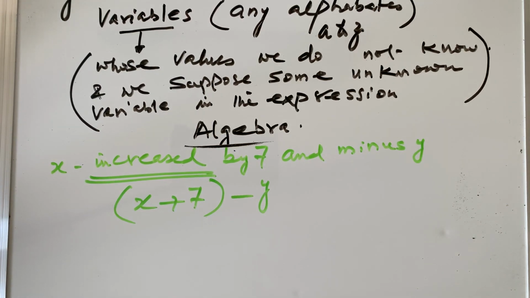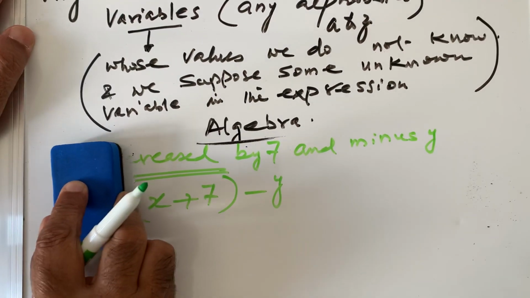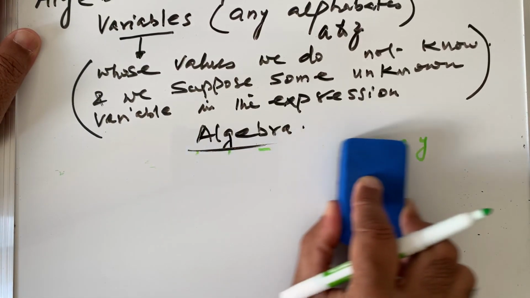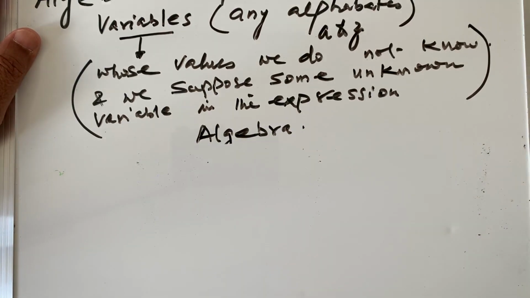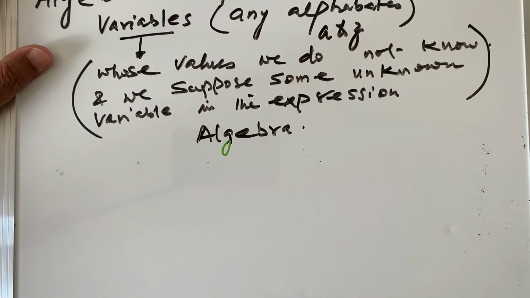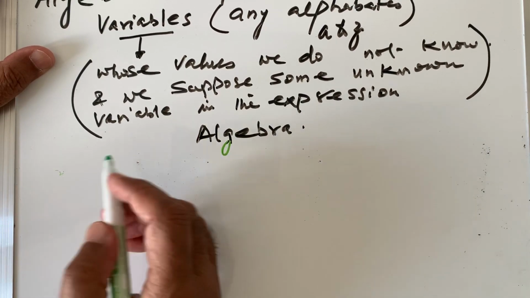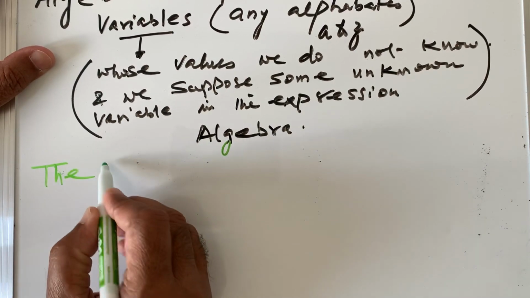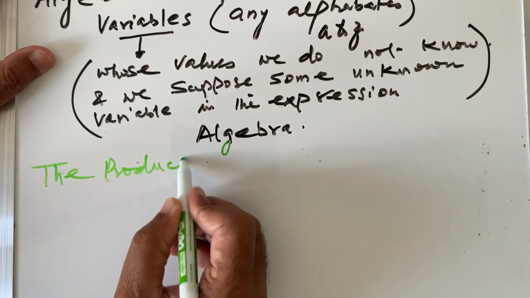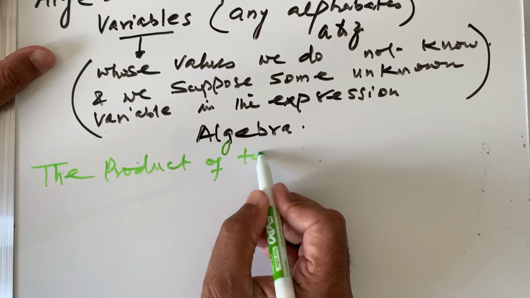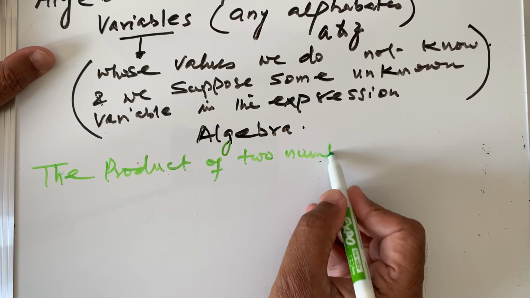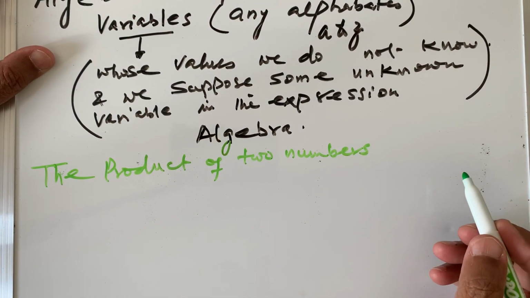Once we have the capability of writing the expressions, we can do the algebraic questions where the statement is given. We have to follow the statement, write down the equation, and then solve the equation, right? Another example: the product of two numbers.